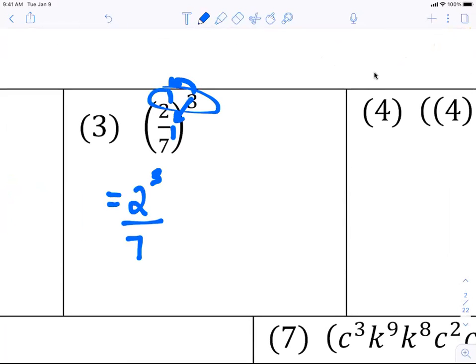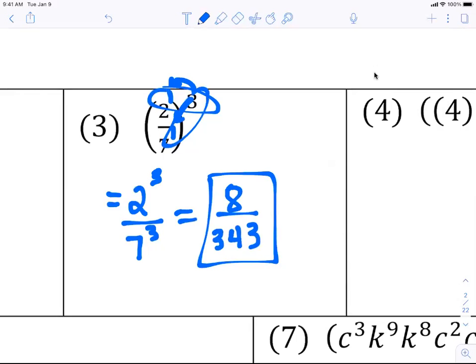And on the denominator, 3 times 1 ends up being 3. These 2 numbers really aren't that bad. 2 times 2 times 2 ends up being 8, and 7 times 7 times 7 ends up being 343, which doesn't reduce. So the final answer is 8 divided by 343.